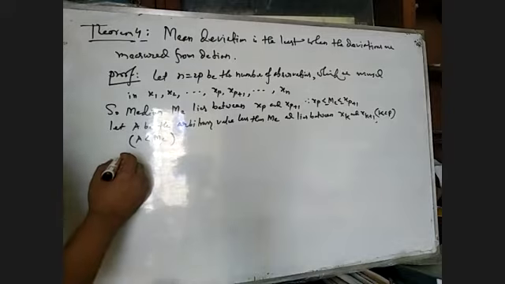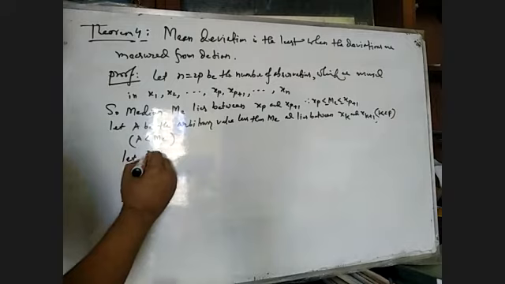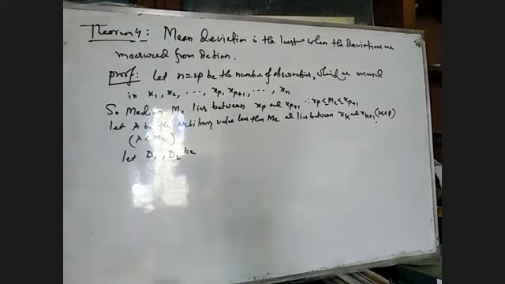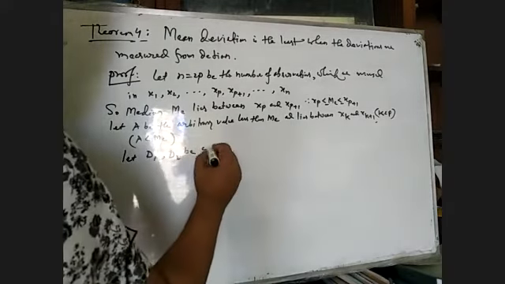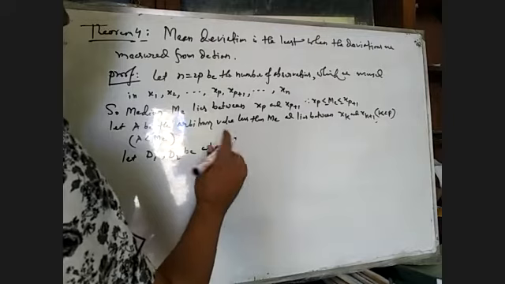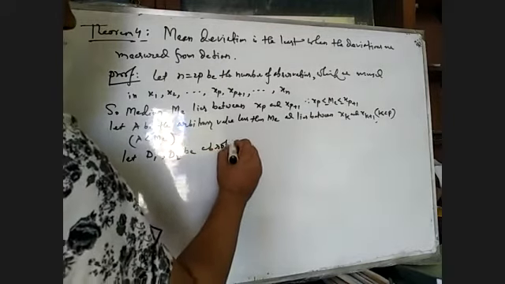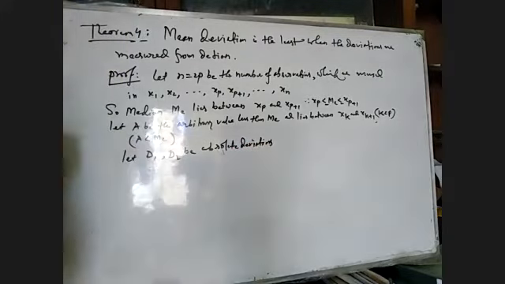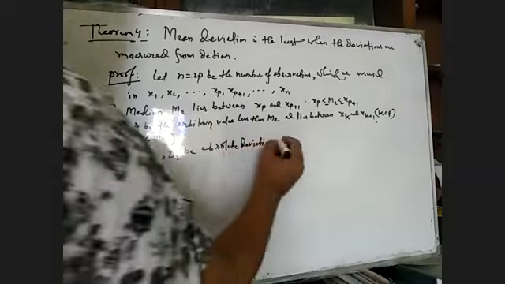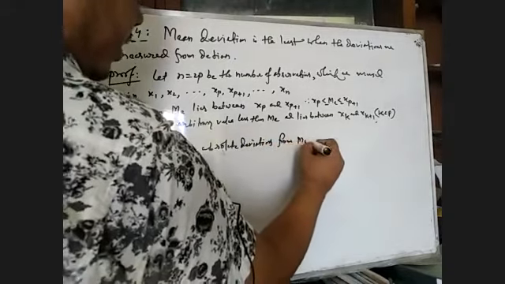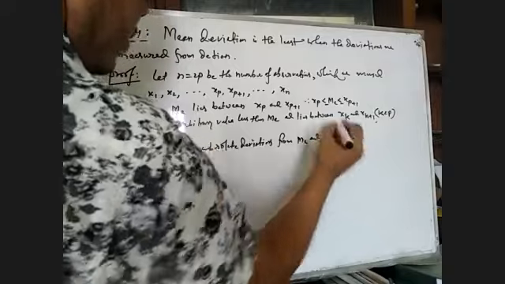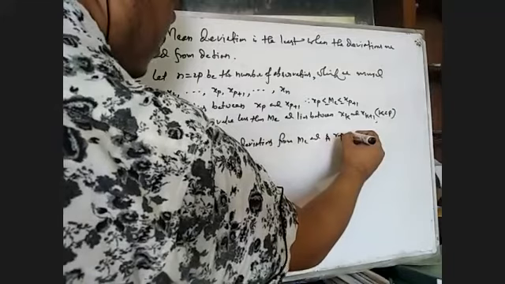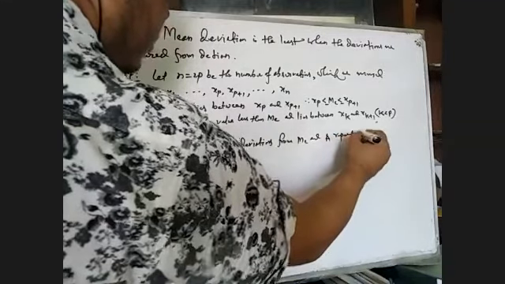Let d1, d2 be the absolute deviations from the median and a respectively.